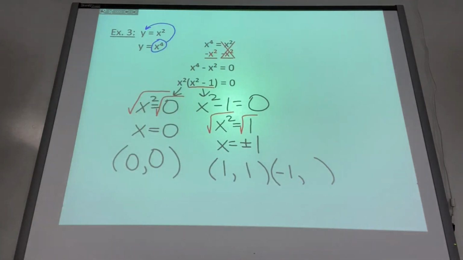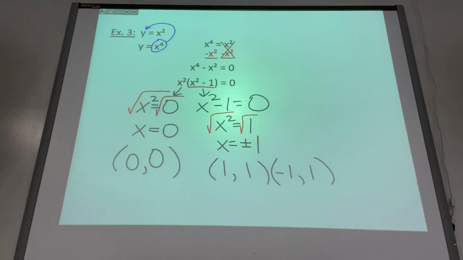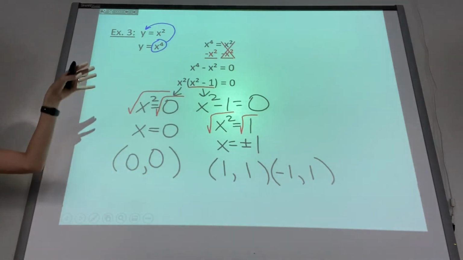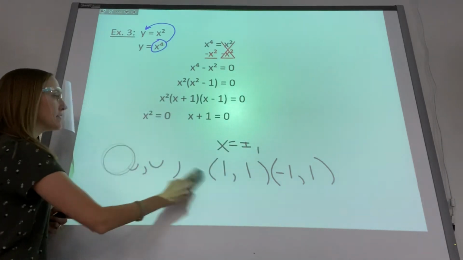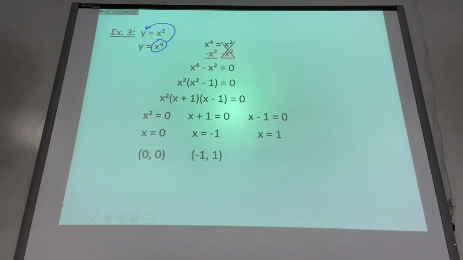Remember, a negative number to an even power is going to change it to be positive. So there are 3 points of intersection. If you did the factoring using the difference of squares, that's kind of what this work looks like up here. Either way, should get back the same 3 points.